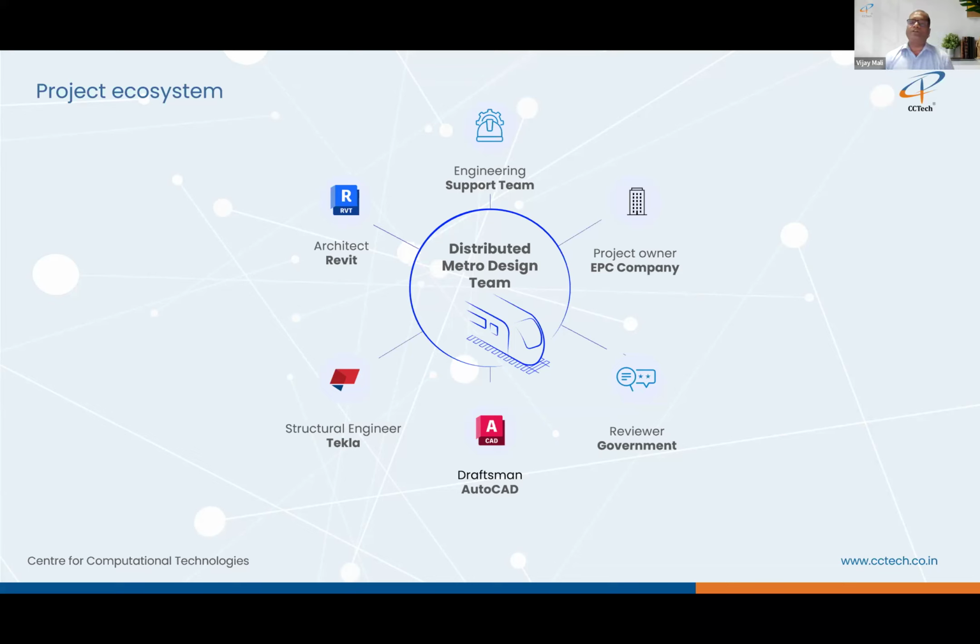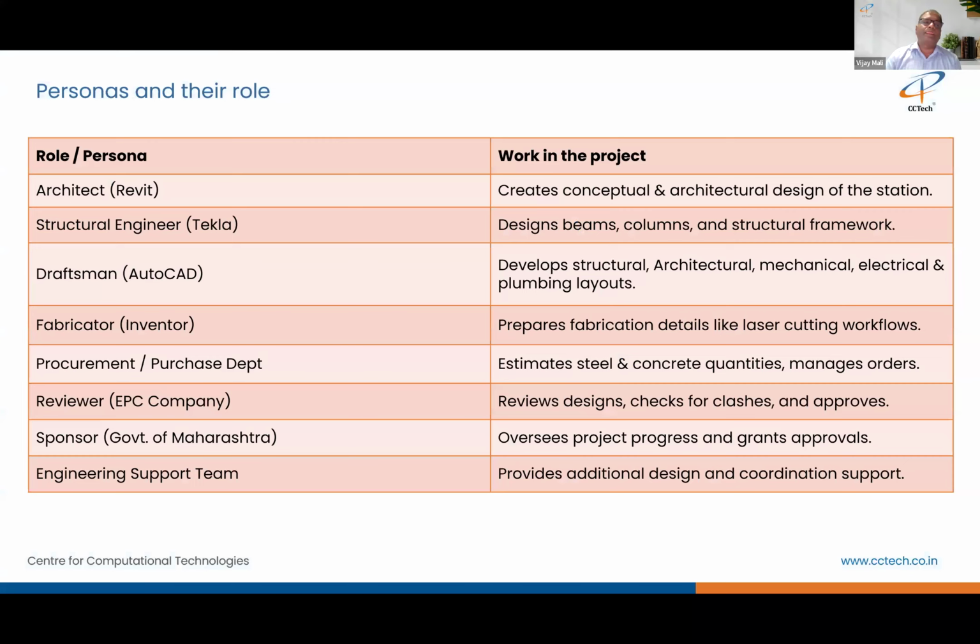Similarly, the project owner from the APC company wants to see the progress of the project, and some curated scheduling and reports also need to be viewed by the client, in this case the government. This is a typical project ecosystem that we have assumed and considered.